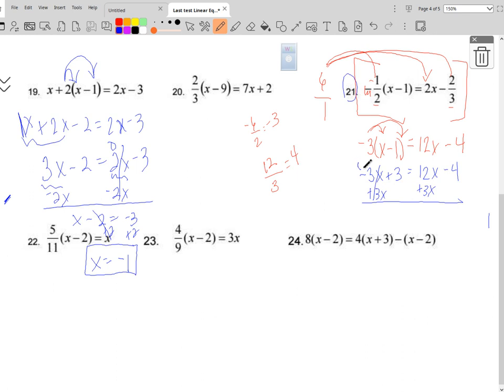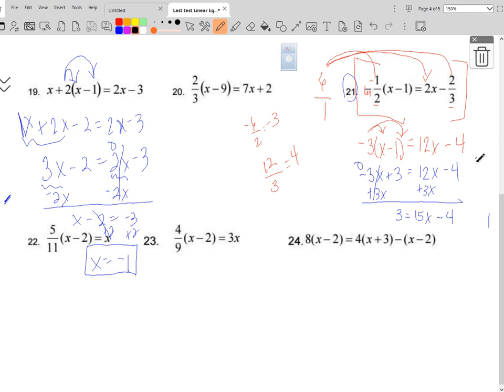So that goes to 0. 0 plus 3 is 3. 15x. Bring down our constant over here, minus 4. If you read this out loud, it'll tell you what's happening, so we'll know what to do. 3 equals 15 times x minus 4.